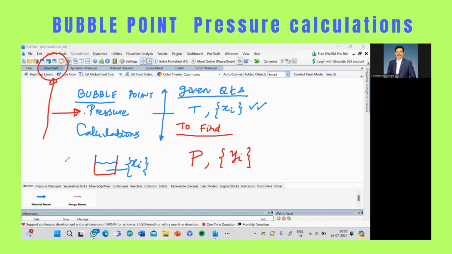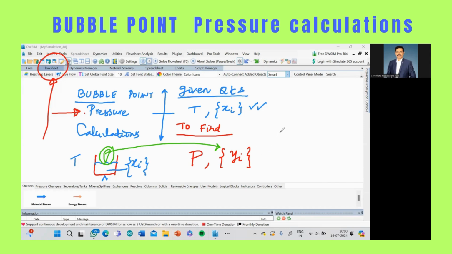This I know, and the temperature I'm going to maintain for this liquid mixture. But then there will be a formation of a bubble at one particular temperature and at certain conditions of pressure. In that bubble, what is the vapor phase composition? That is what we are trying to understand using this concept.